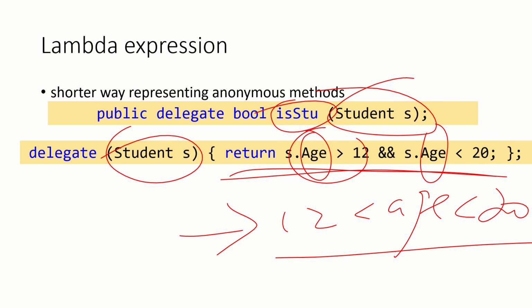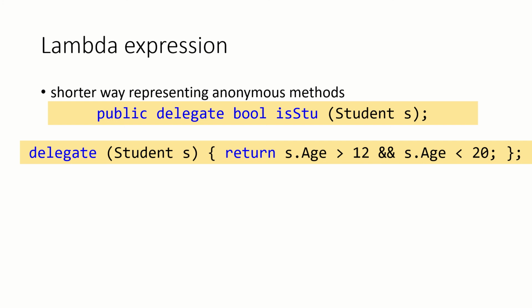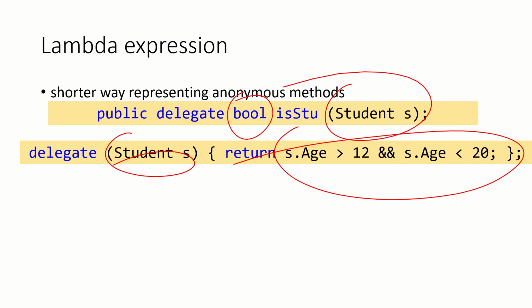And the return is boolean, right? When you're trying to create an anonymous method, you need to make sure this delegation, you have to match the return type and parameter, right? So this one, parameters over there, return type true or false. This matches, okay?